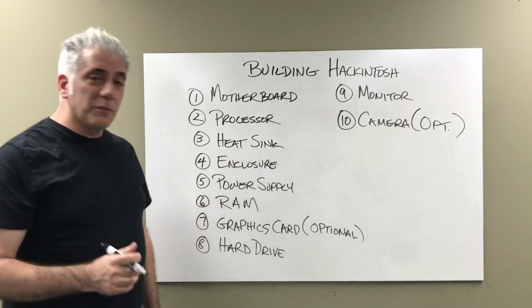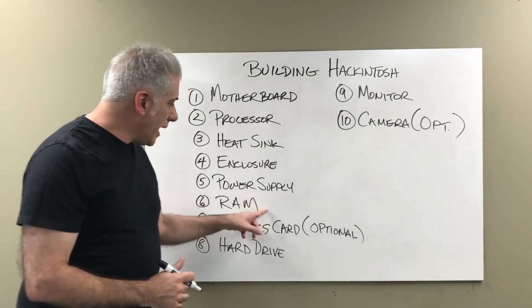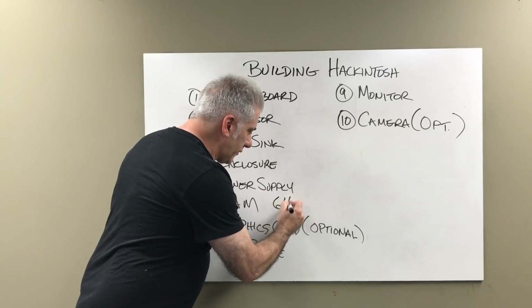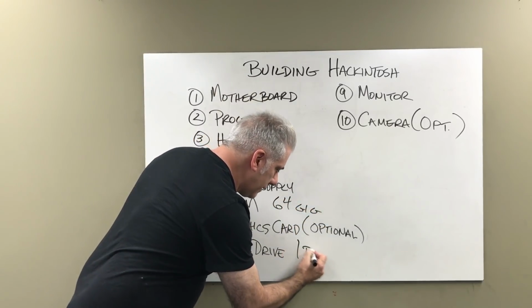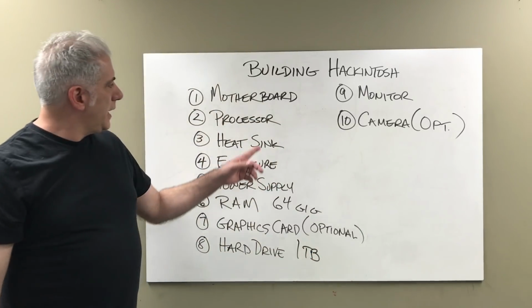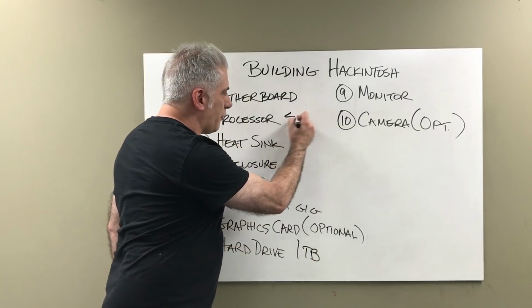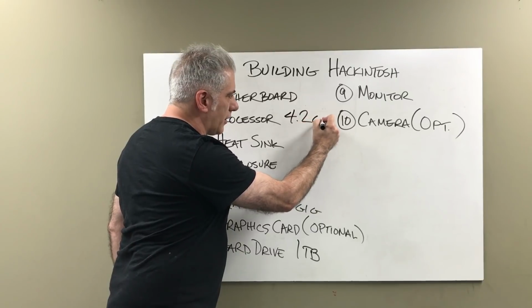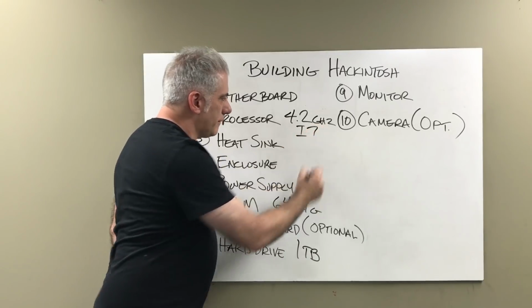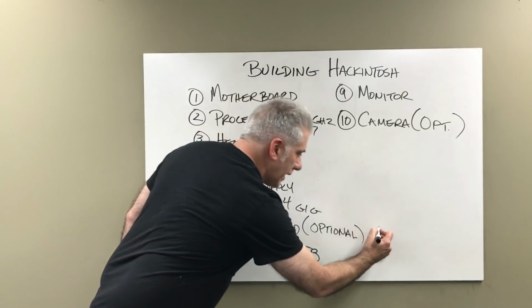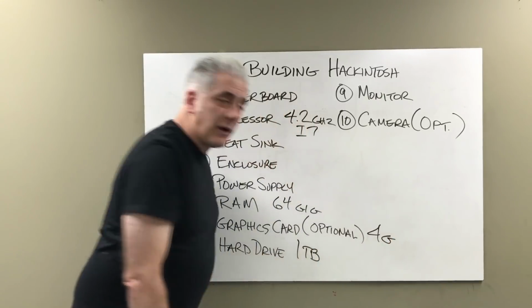Just to get a little bit more specific on this, the RAM I have is 64 gigs. The hard drive is 1 terabyte. The processor speed is a 4.2 gigahertz i7 processor. And I have 4 gigs on my graphics card.